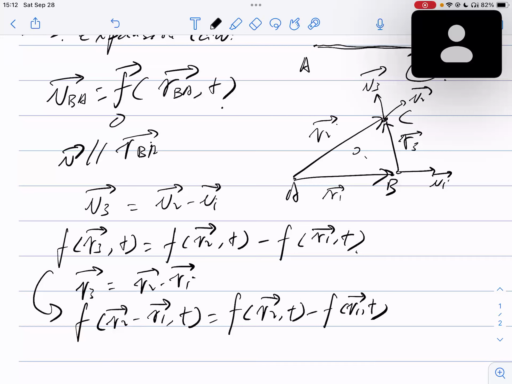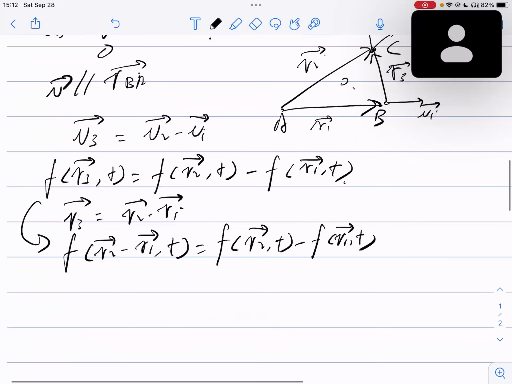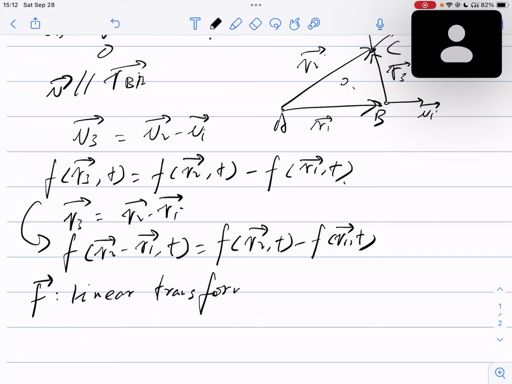So we can find out that this f is actually a linear transform with respect to R in the Euclidean space. Okay, and we know that f is parallel to R.